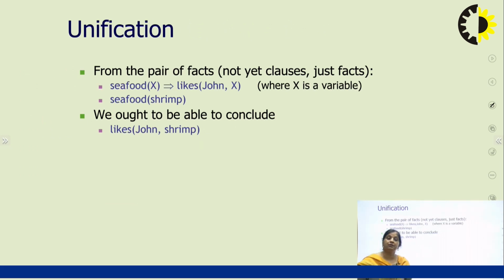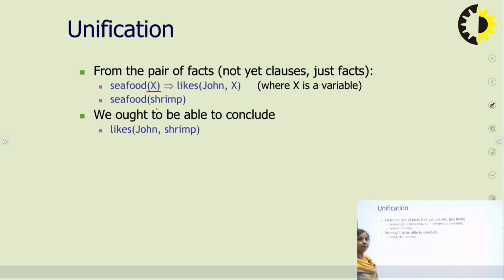What is unification? Unification will also be used in derivation inferences using resolution. We are given some variable, so can we unify some name or value to this variable? Let us understand this example again.